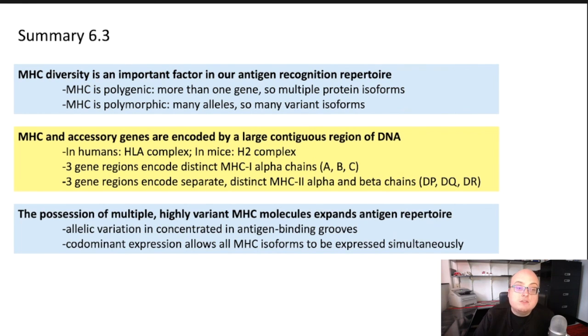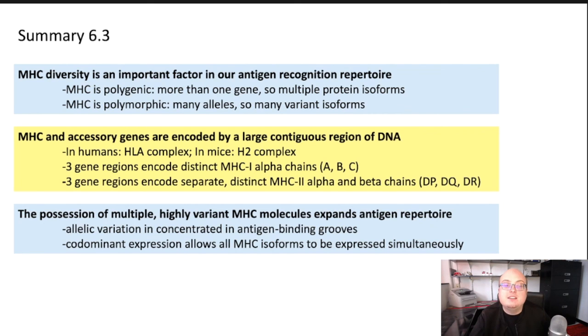The possession of multiple highly variant MHC molecules is really important for expanding our antigen repertoire because, as we saw, the allelic variation that we can inherit is concentrated specifically within the peptide binding grooves of the MHC molecules.